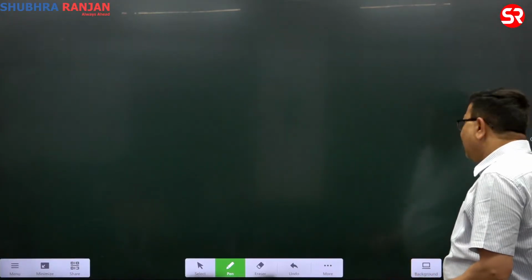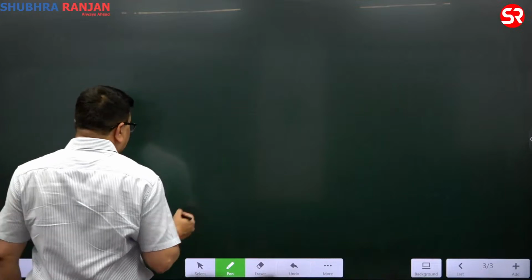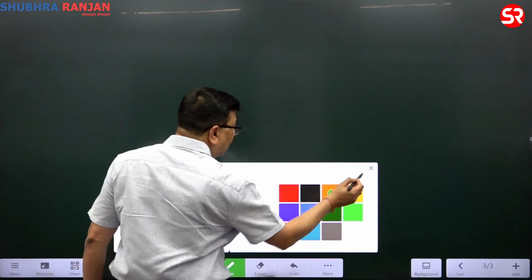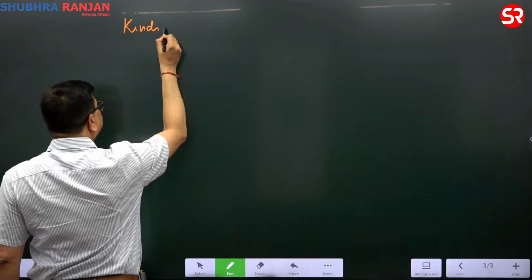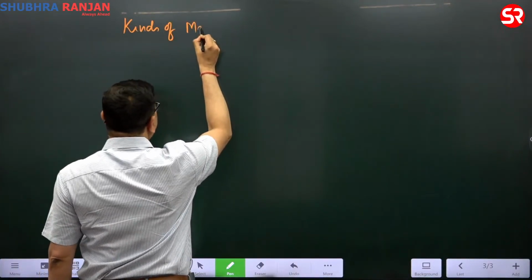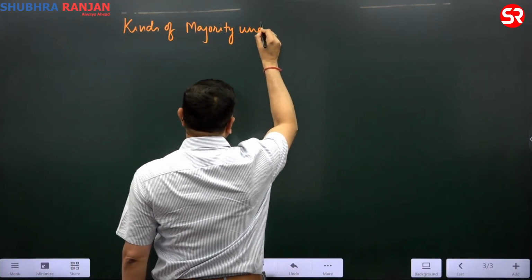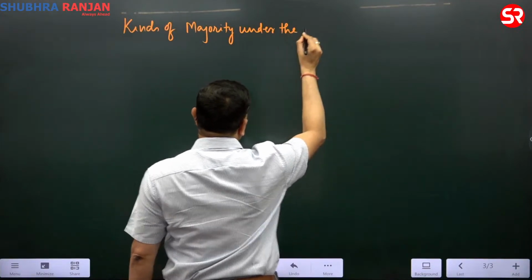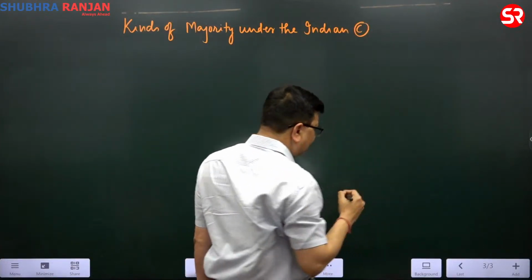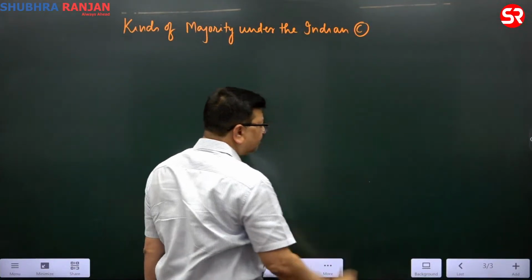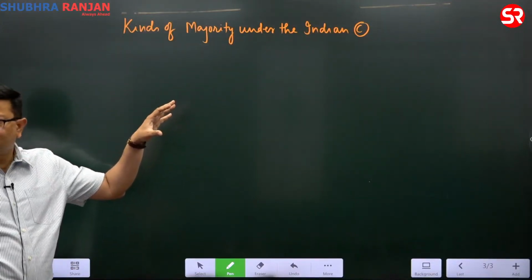Now coming to another basic thing that we need to know before we proceed, it is the types of majority under the constitution. Kinds of majority under the Indian constitution.